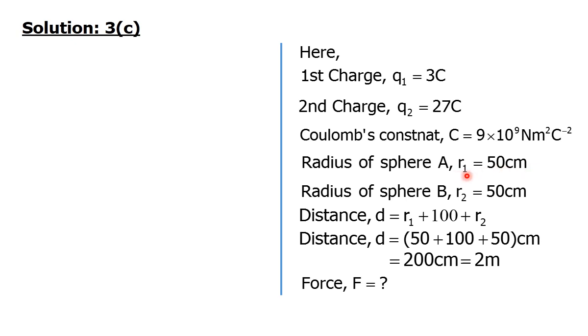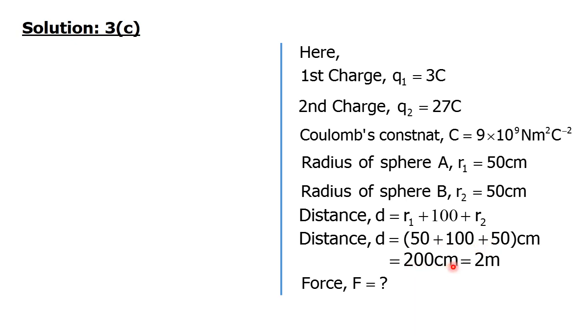We considered the radius of the sphere A is R1 and the radius of the sphere B is R2. And if you want to calculate the distance between two charges A and B, then we have to add the radius with the distance 100. Then we can write R1 plus 100, that means the distance between surface to surface, and R2. If we put the value of R1 and R2, then we'll get the distance will be 200 centimeter.